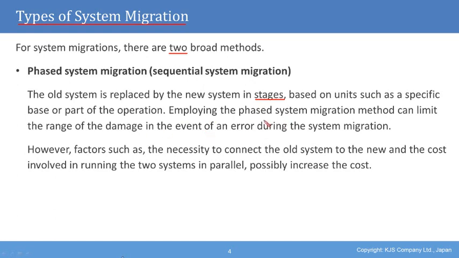So it's about limiting the damage that you have when you have an error in the system migration. However, factors such as the necessity to connect the old system to the new and the costs involved in running the two systems in parallel possibly increases the overall cost. So the key word I suppose here is involved in running the two systems in parallel. So that's the kind of migration we have for phased system migration.